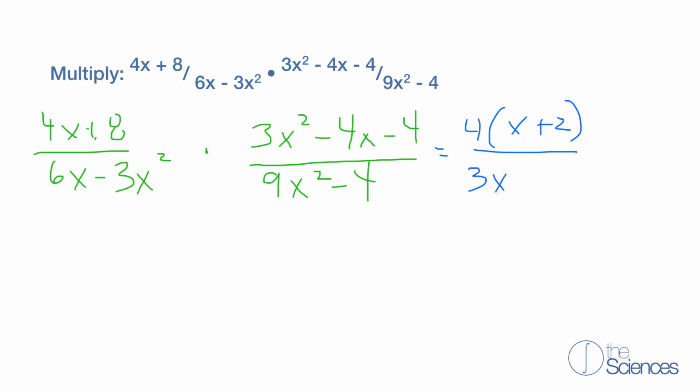So we have 3x times 2 minus x. I think it would be better if we factor out a negative 3x.